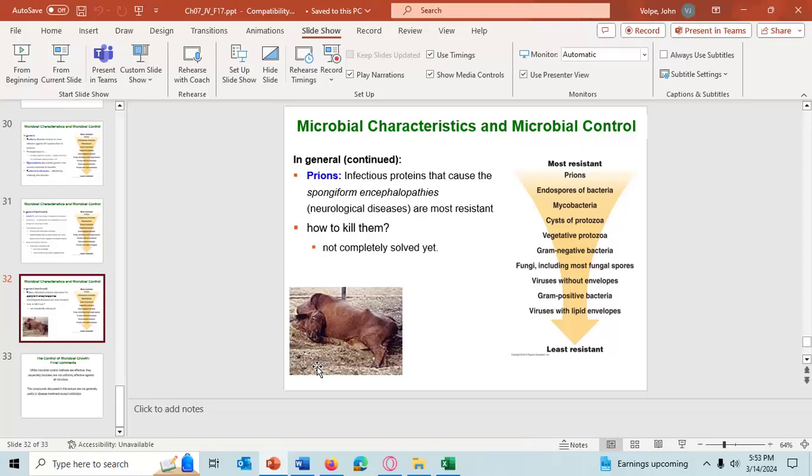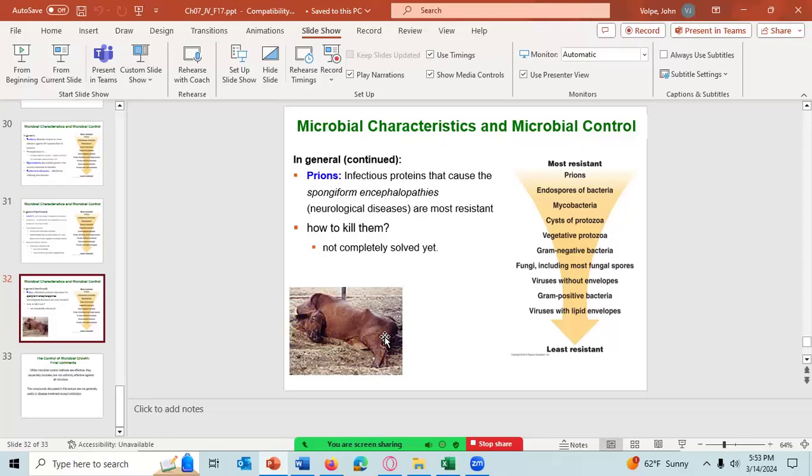That will incinerate the protein. And that's one way to get rid of prions, is to incinerate it, like the British, when they were getting rid of their cattle, they incinerated all of them to get rid of the prion disease.